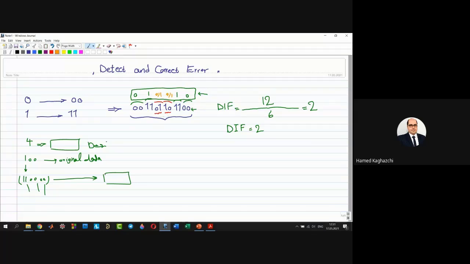Only the receiver detects the data, so it instructs the source to send this data again.